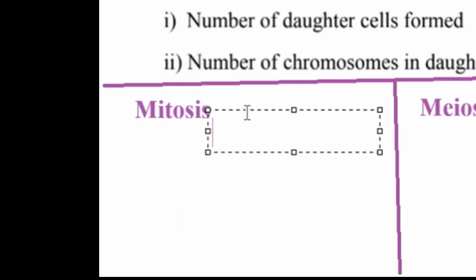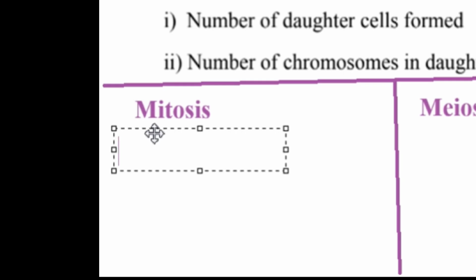Now in case of mitosis, the number of daughter cells formed will be only 2. 2 daughter cells are formed from the parent cells.